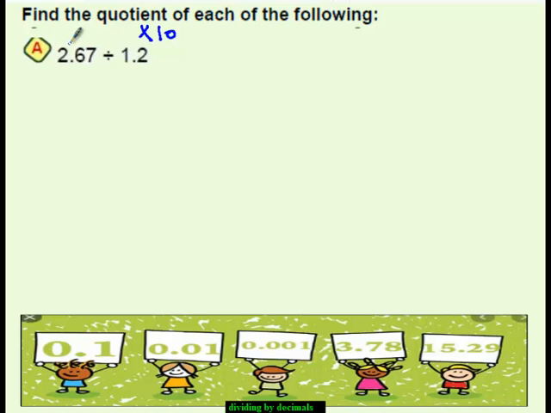By what? By 10. And here by what? By 10. So here it goes one step to the right, and here one step to the right. So I'm going to make my division house, and the divisor will be 12, and the number will be what? 6.7. Okay.